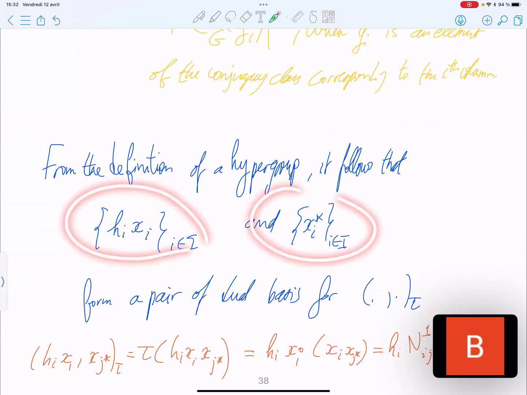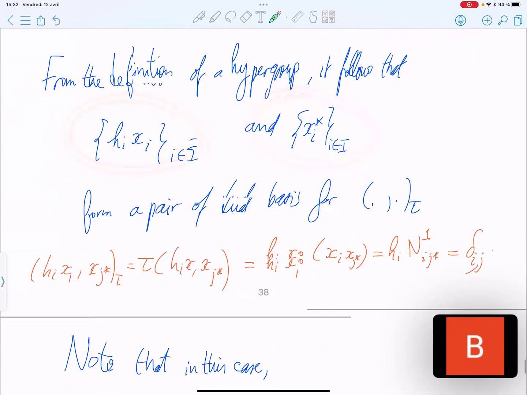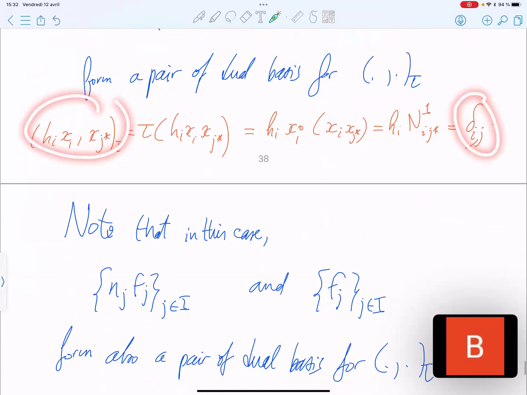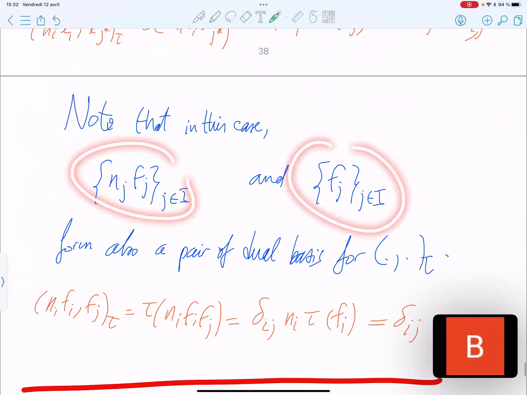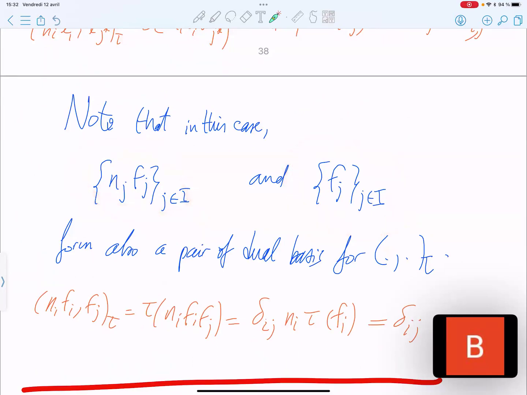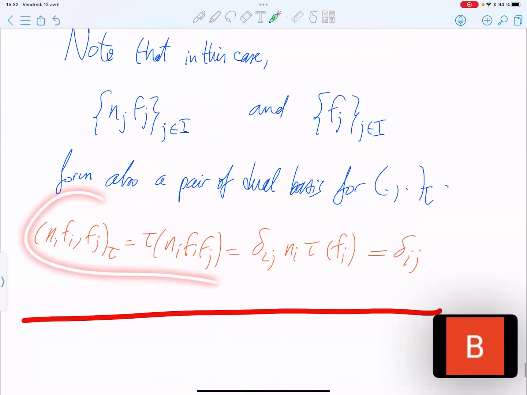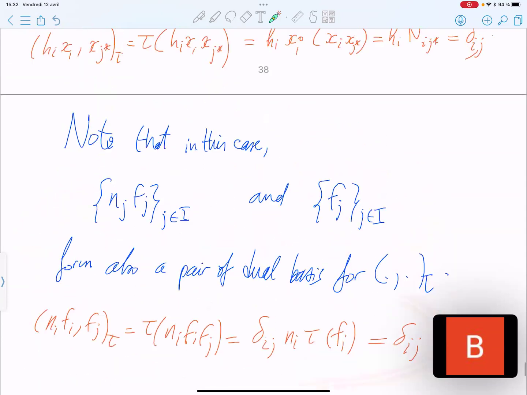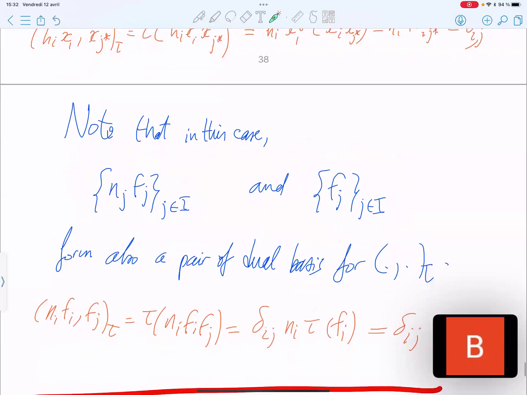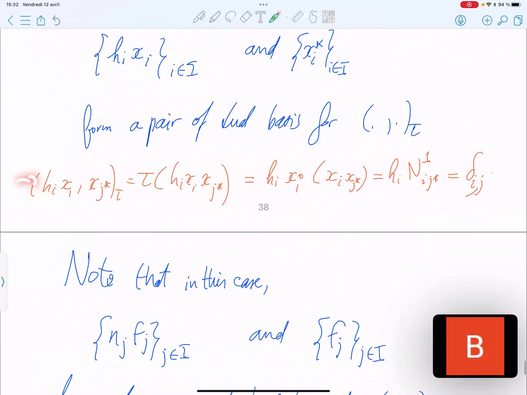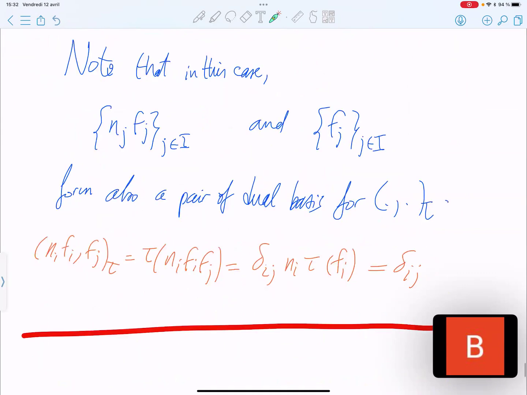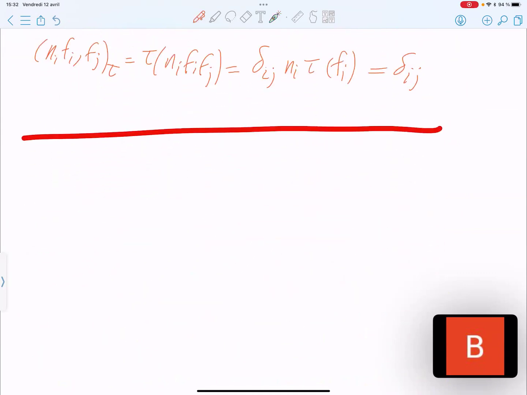This one and this one are a pair of dual bases, because we exactly get that. It's straightforward to check. And this one and this one also are a pair of dual bases, completely trivial to check. So as I said, you have something completely trivial, but as a consequence, you will get something non-trivial, which is the first magic trick.